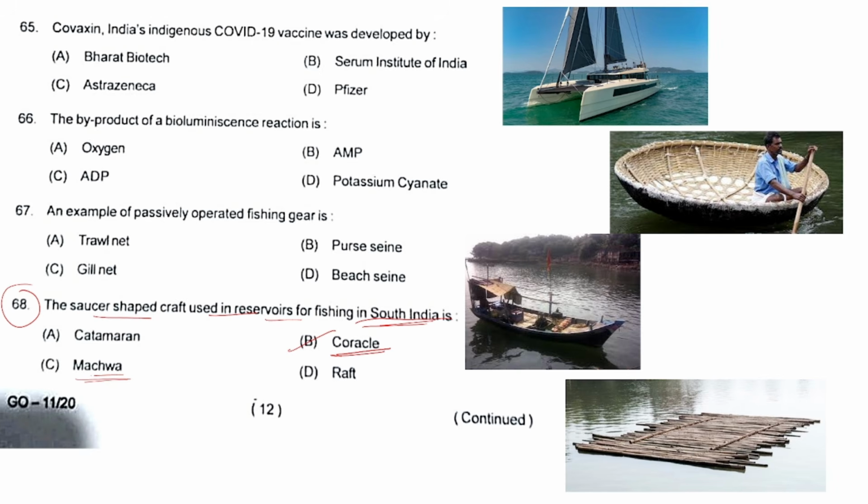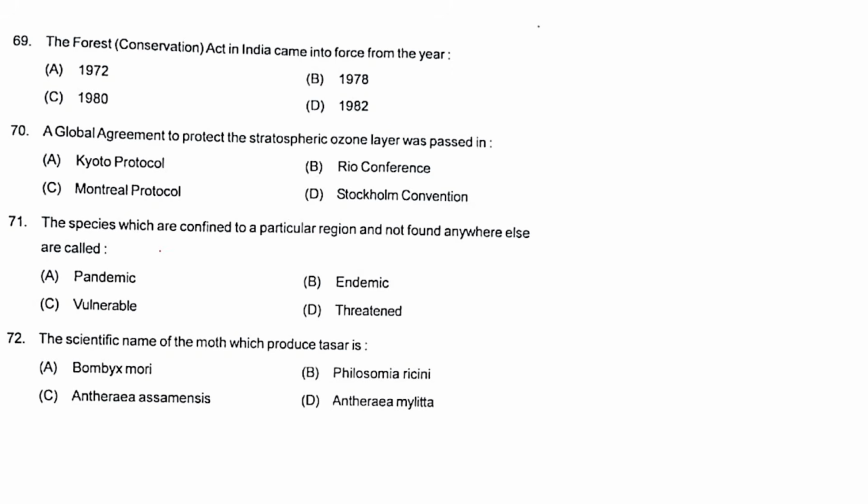Next, moving on to question number 69. Forest Conservation Act in India came into force from the year. Option A is 1972. Option B is 1978, option C is 1980, option D is 1982. So Forest Conservation Act came in the year 1980.